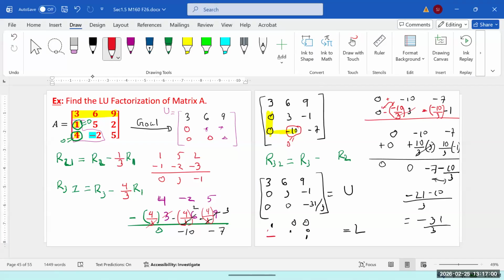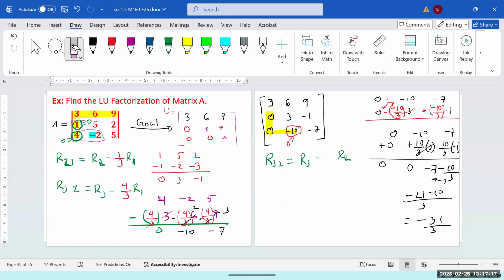So we are going to write positive 1/3 in this position. And then to get rid of this position, you know what? Let me write this down on the right page. Or let me make this smaller so I can fit everything.